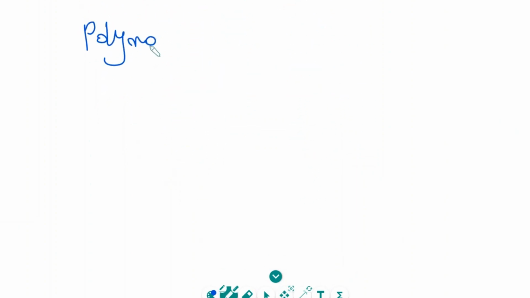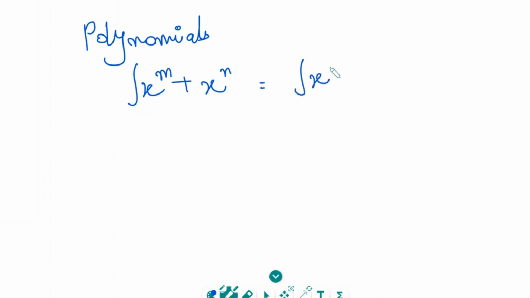Polynomials have more than one term, as you saw here. So if you have, let's say, x power m plus x power n, and n and m can be any numerical values here, if you have to integrate them, if there is a plus sign in between, not a multiplication, you can integrate them individually.